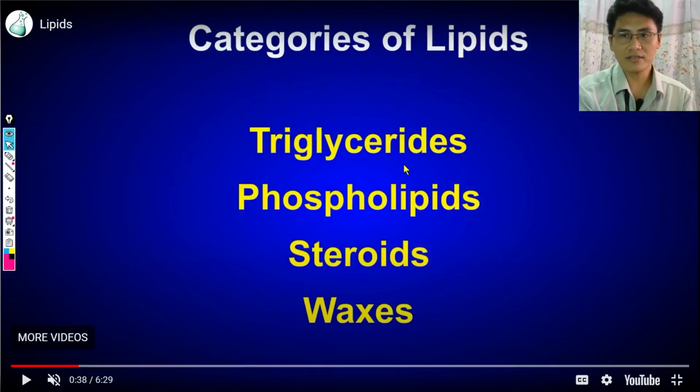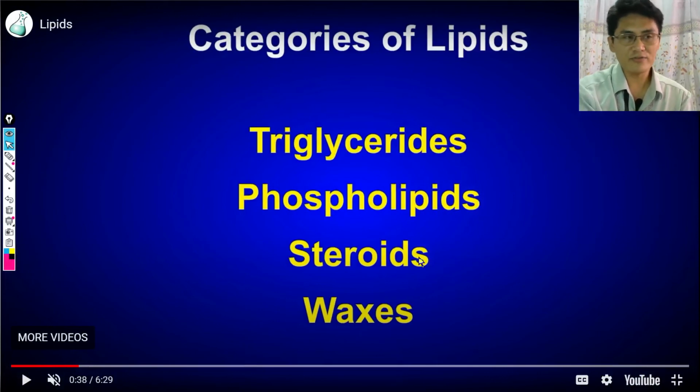It could be triglyceride in form, phospholipid in form, steroids in form, or just a simple alkane. And number four, they are used outside of the bodies of organisms. So again, typical examples would be the waxes in the leaves of plants, earwax, beeswax, and all other types of waxes. But that concludes all the categories of lipids.